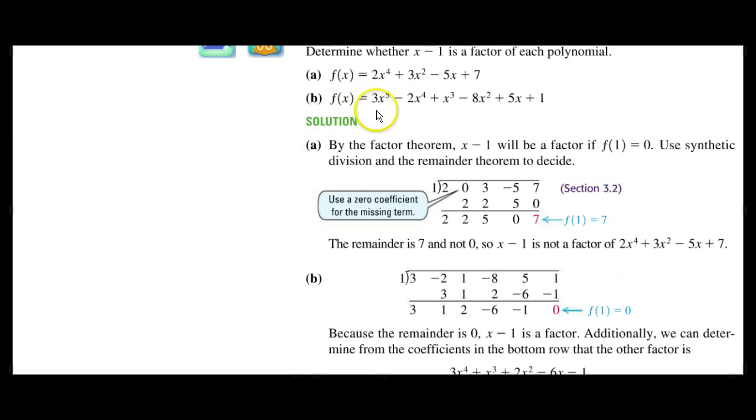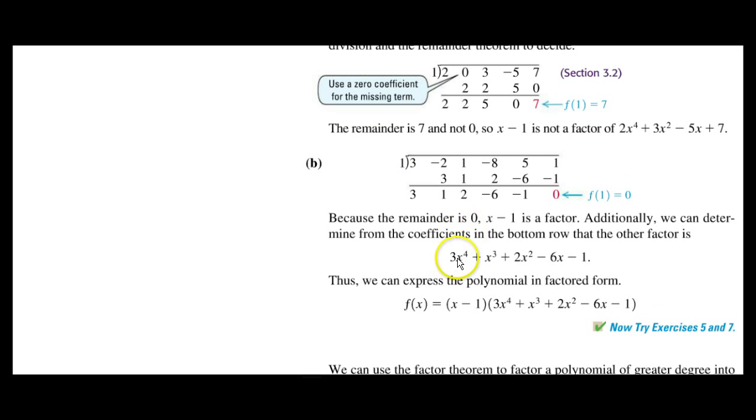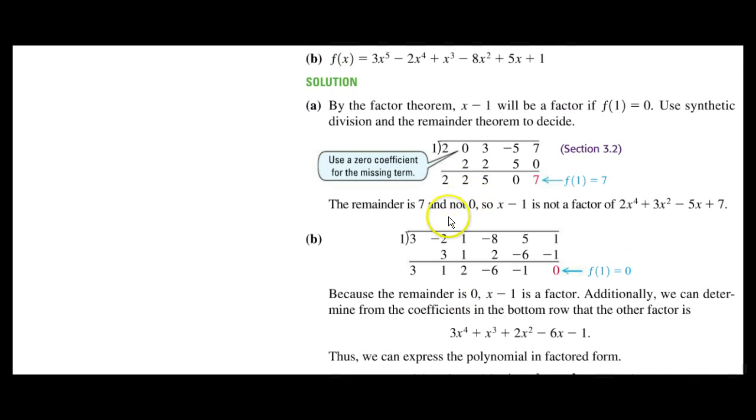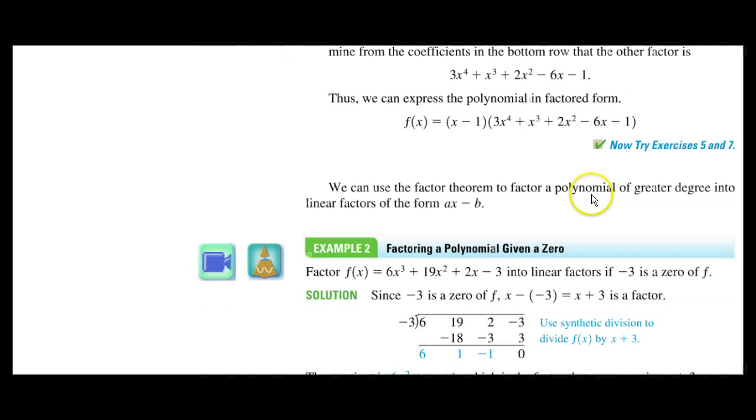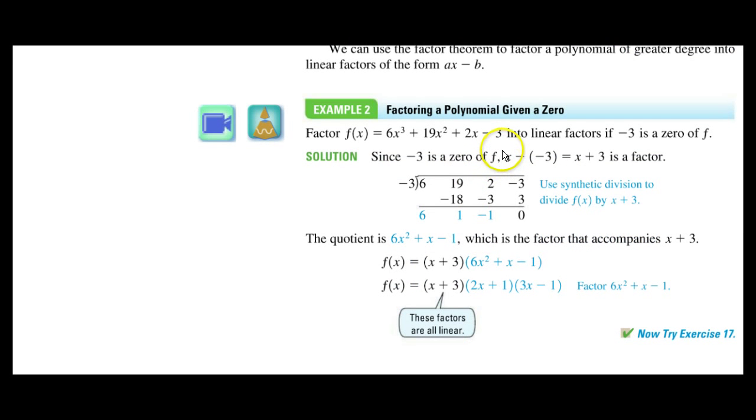Well, taking a step back, this is what we had originally in B. This was to the 5th power, so this one would be to the 4th. Okay, I was misreading that a little bit. And so we have then that x minus 1 is a factor of letter B up here, since there is no remainder. All right, let's go on to example 2. Factoring a polynomial given a 0.